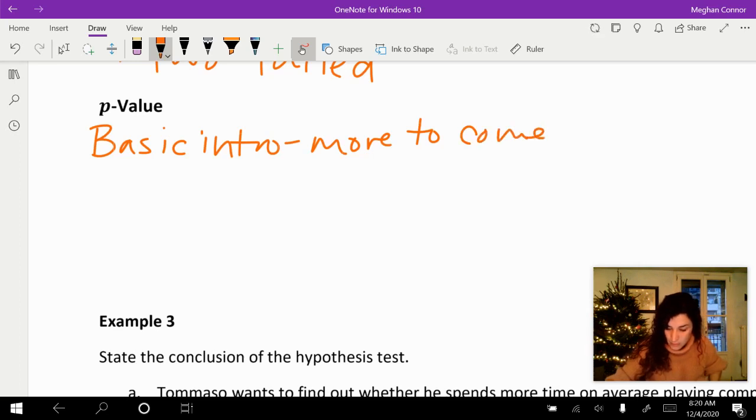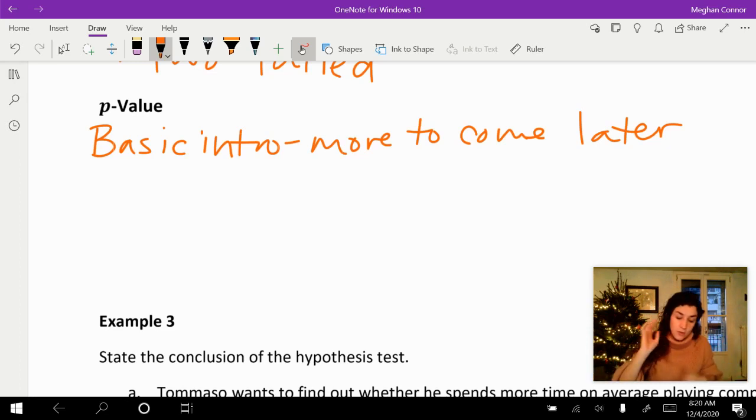Because as you probably know, we're going to be doing a lot of calculations on our calculator. Your calculator is going to do all sorts of statistics and probability simulation things, and it's going to give you this p-value. And so what do you do with the p-value?